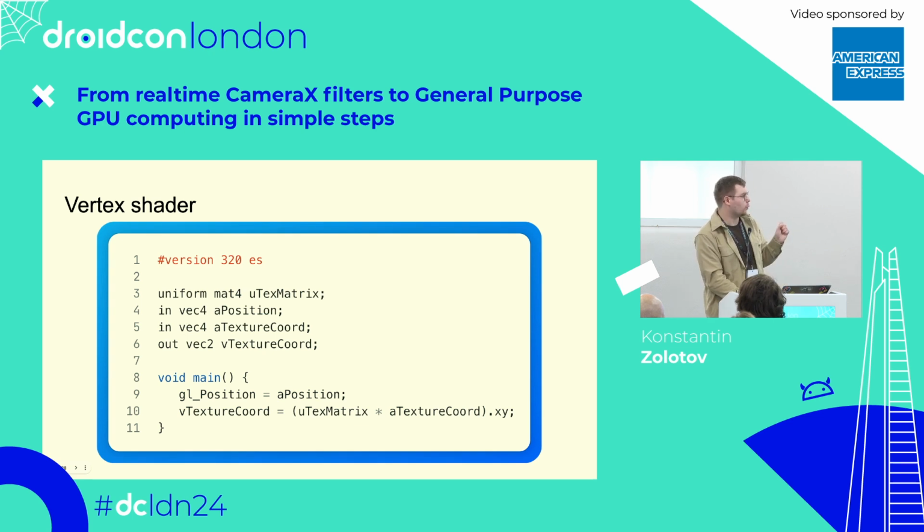There is, however, one important thing. The uTexMatrix is a matrix that is provided by the AndroidX library. It can contain some device-specific fixes, maybe for optics, or some hardware bugs or things like that, and it is going to fix that. So it is required to use that matrix the way it is used in the library.